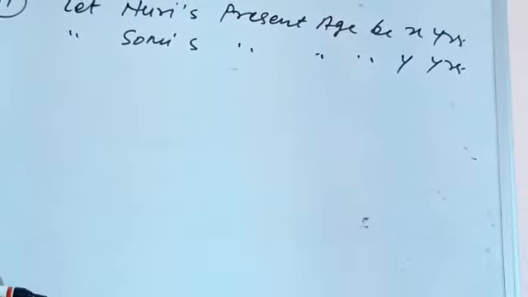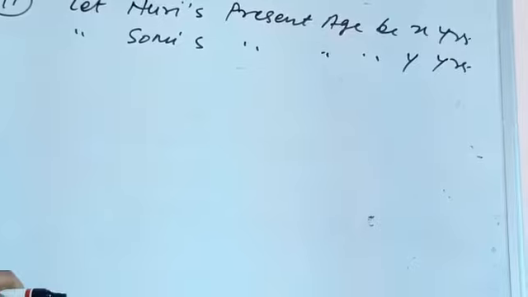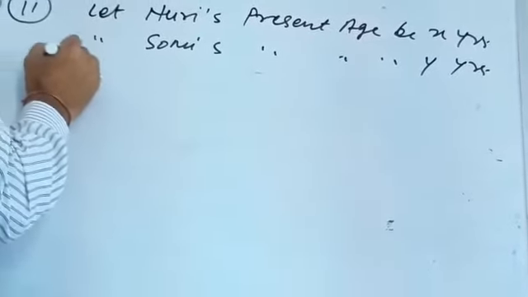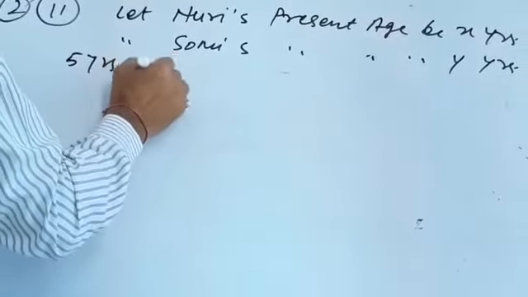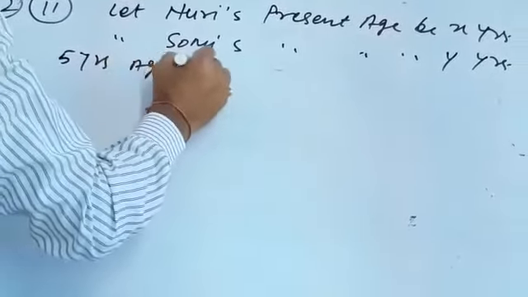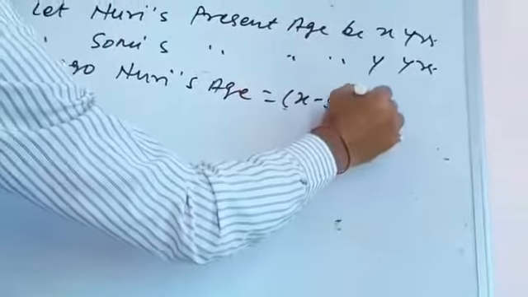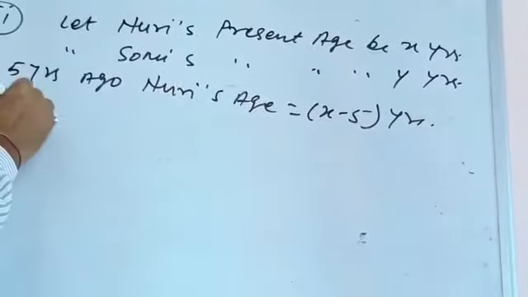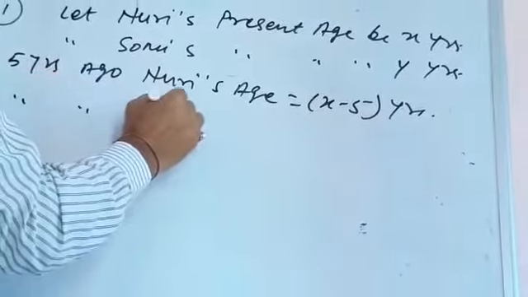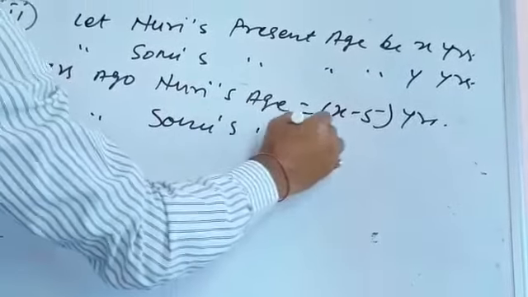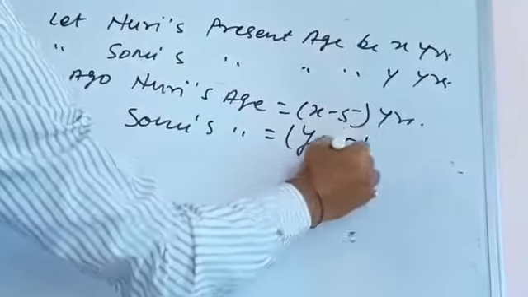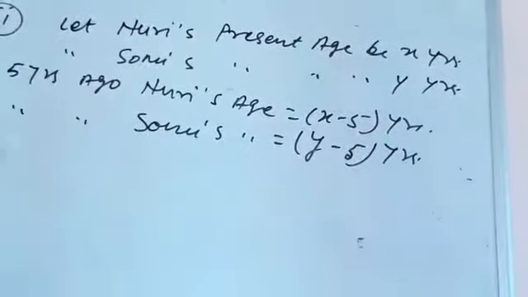Right now, here it is 5 years ago and 10 years later. So here we'll write 5 years ago, Nudi's age was x minus 5 years. 5 years ago Sonu's age was y minus 5 years.